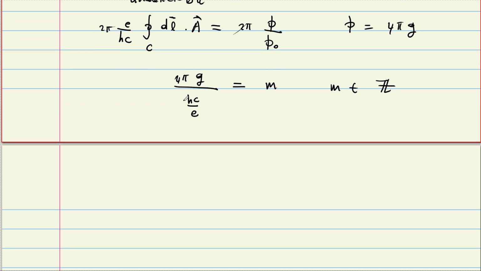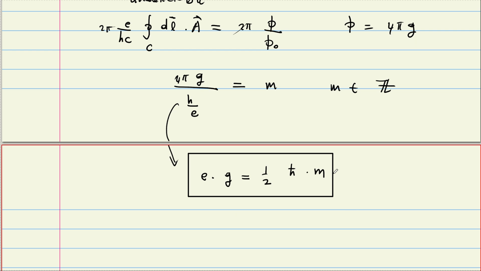In the SI units, this c will go because that's typically what people use. Let me just write it. So the electron charge times magnetic charge should be equal to, there is like 1/2, h bar over 2 pi times m.